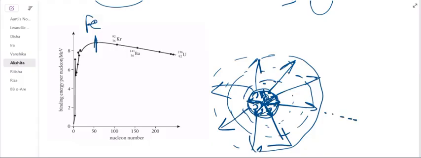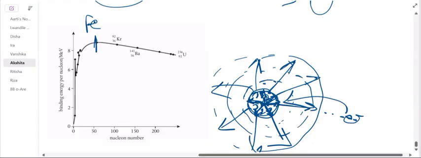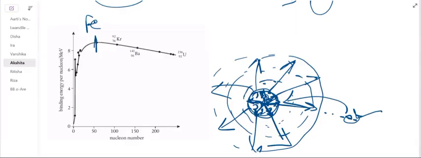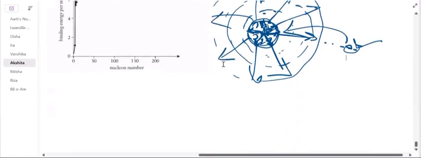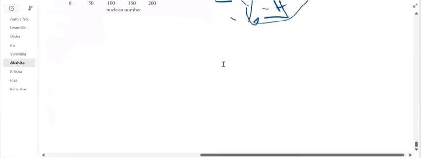After this, as you go far away, the electrons are not bound by the nucleus by that much force of attraction, and hence due to less energy it loses its stability. Understood? Yes. And it undergoes a fission reaction. Now this fission reaction happens in the nuclear power reactor.